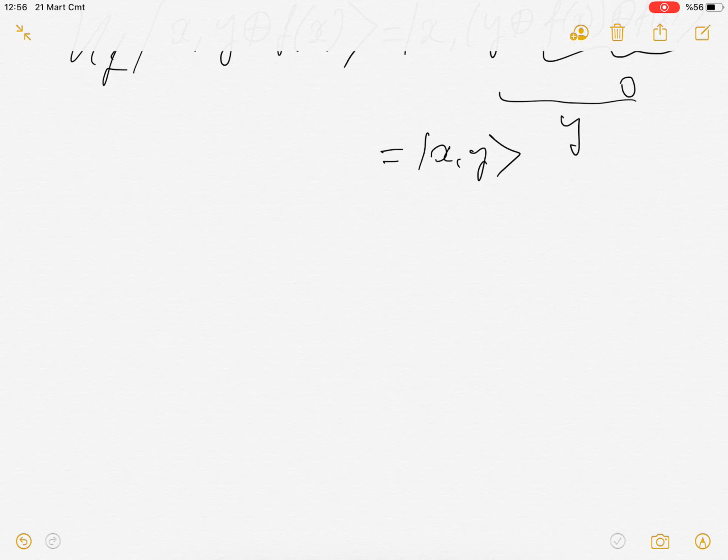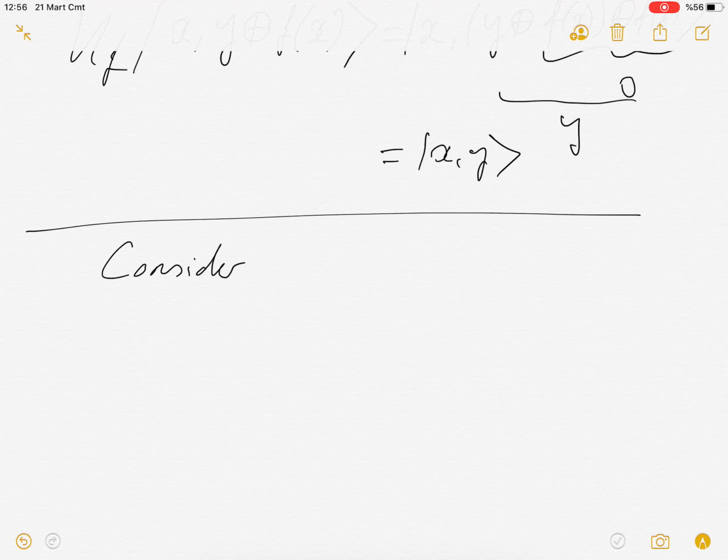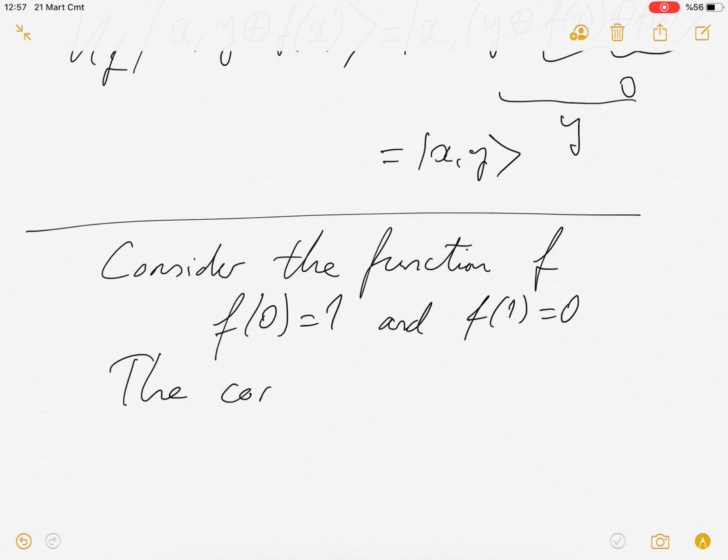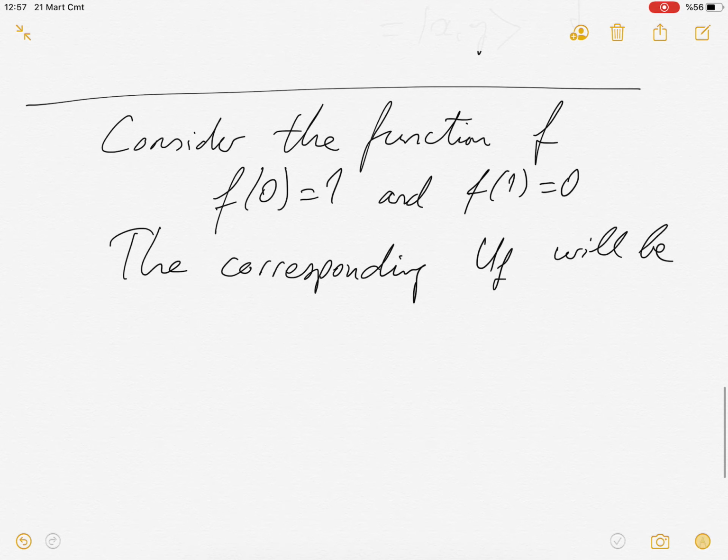Let's consider the function f defined as follows. f of 0 is 1 and f of 1 is 0, so it's simply the NOT function. Now the corresponding UF will be defined by the following matrix.